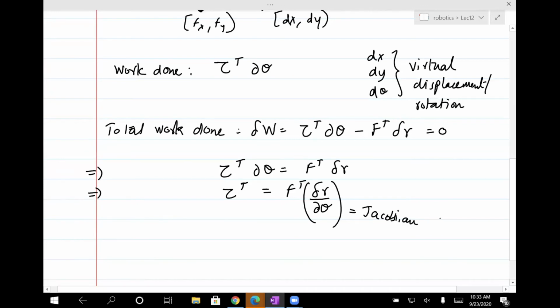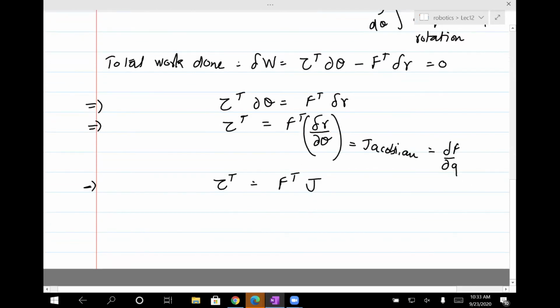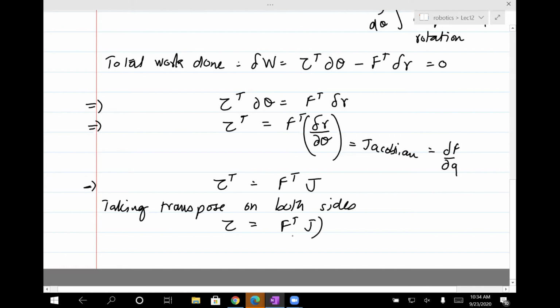So that's similar to df by dq. So we can write this as torque equals F transpose J. Okay, and we don't want to keep the transpose there, so we take the transpose on both sides. Taking the transpose on both sides, we get torque, since the transpose of a transpose is just the same matrix, equals F transpose J transpose.